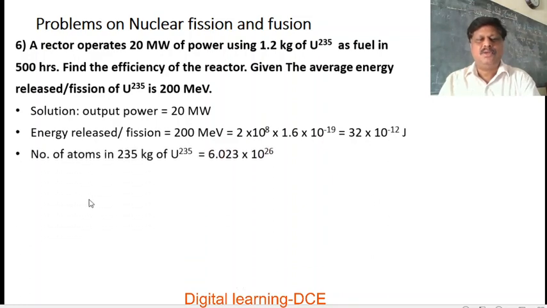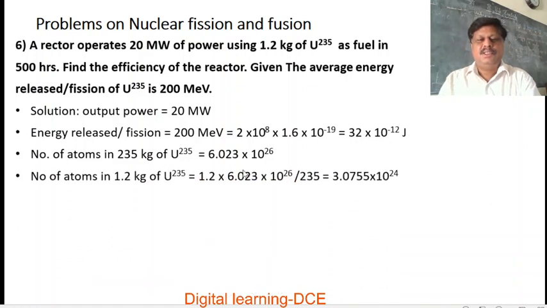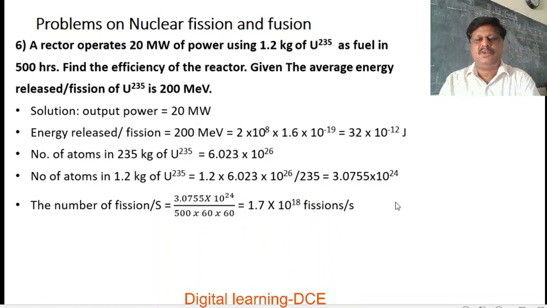And also the number of atoms in 235 kg of uranium-235 is equal to 6.023 into 10 power 26. Therefore, the number of atoms present in 1.2 kg of uranium-235 is equal to 1.2 into Avogadro number divided by 235, which gives rise to 3.0755 into 10 to the power of 24.